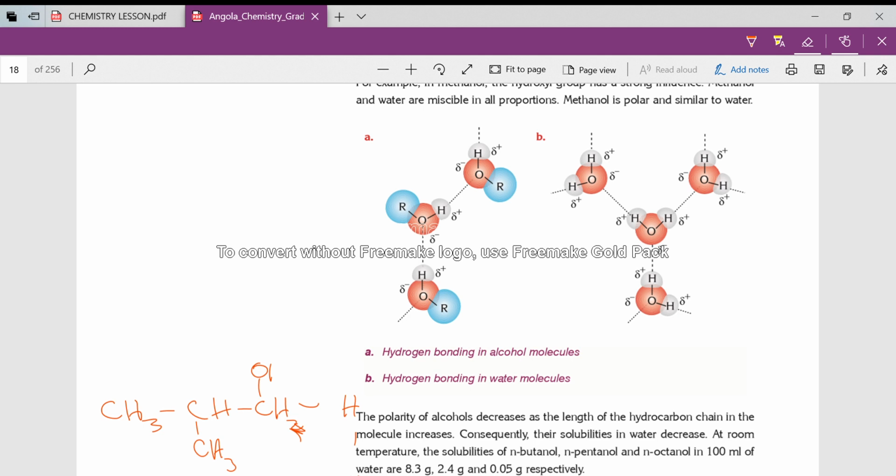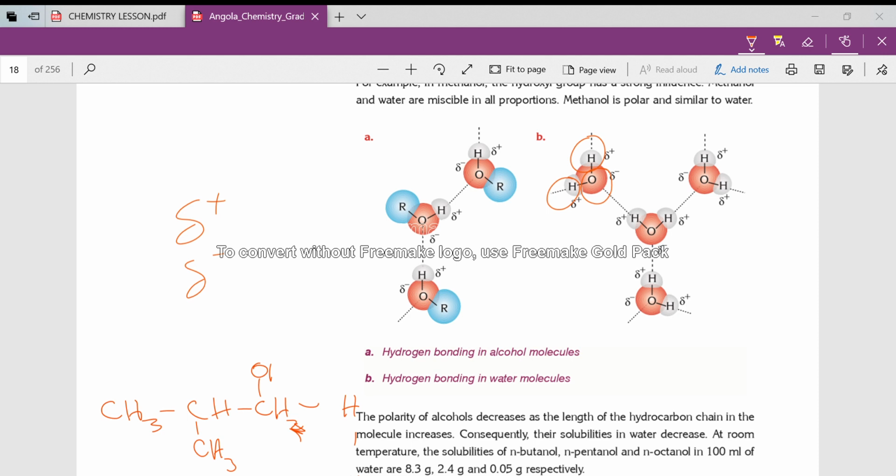Oxygen and hydrogen have very different electronegativity values, which make the oxygen slightly negative and the hydrogen slightly positive. The symbol delta means a small charge, delta plus a small positive charge and delta minus a small negative charge.